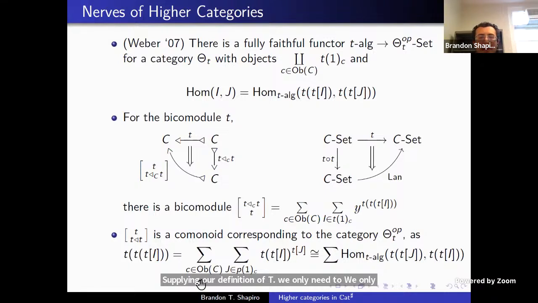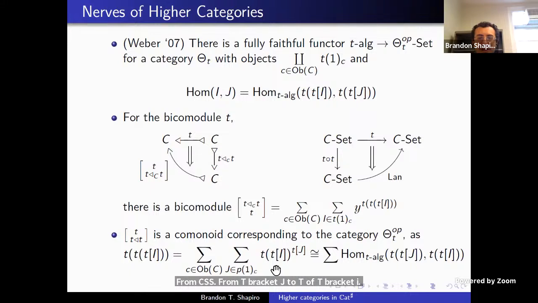So we get that for every object, for every cell shape in our category C, and every operation, I should say T, not P, I'm sorry, every operation of T outputting a C cell, we plug in T of T bracket I for Y, and we get homomorphisms of C sets from T bracket J to T of T bracket I.